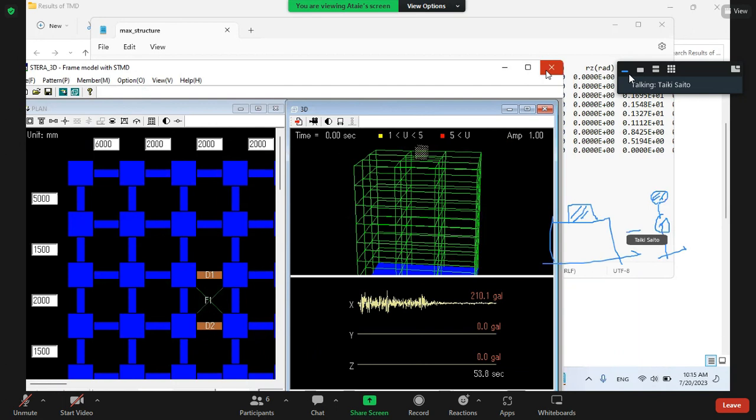So you compare the result. And for both, restrain the freedom, I mean, we allow only X direction. And the main structure mass and stiffness should be the same as the lumped mass model. Okay, yes. And it must be the same.